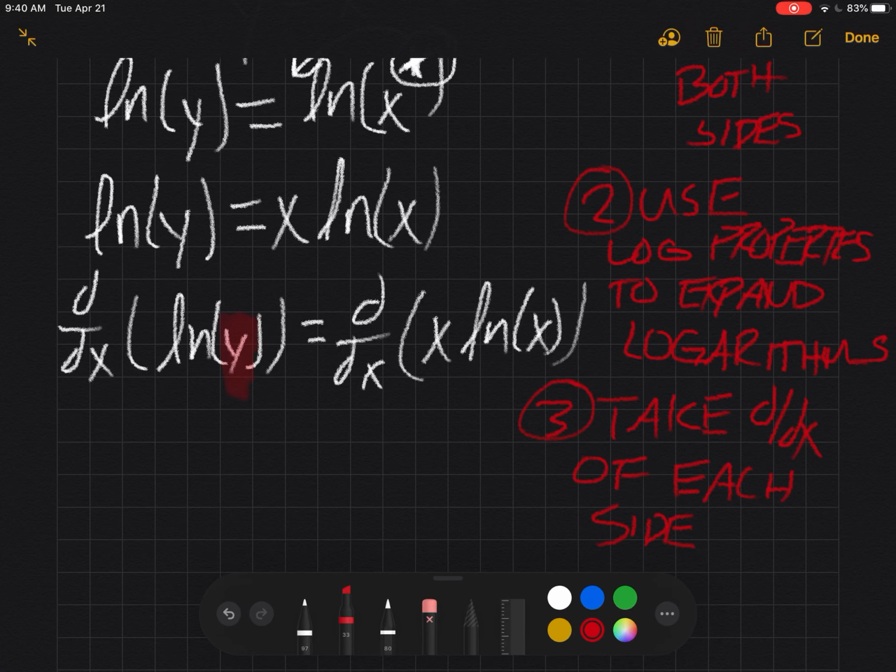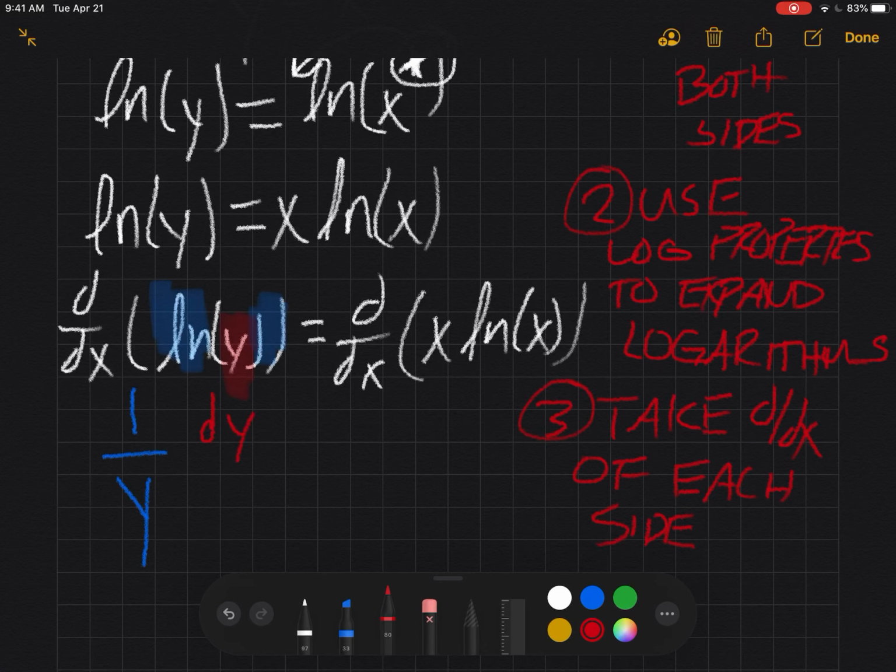And so we get the derivative with respect to x of ln y and the derivative with respect to x of x ln x.